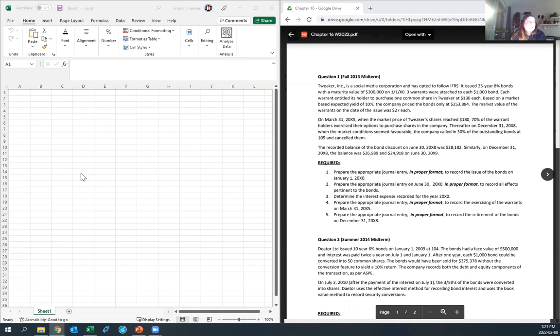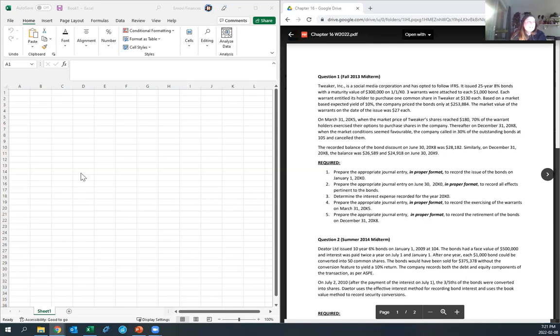On March 31st, 2015, when the market price of Tweaker's shares reached $180, 70% of the warrant holders exercised their options to purchase shares in the company. Thereafter, on December 31st, 2018, when the market conditions seemed favorable, the company called in 30% of the outstanding bonds at 105 and canceled them.